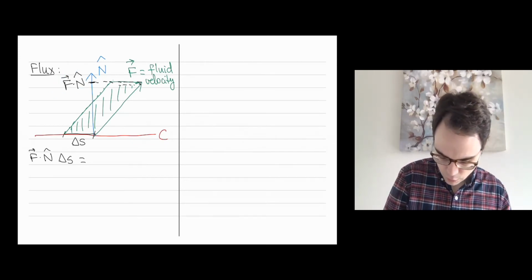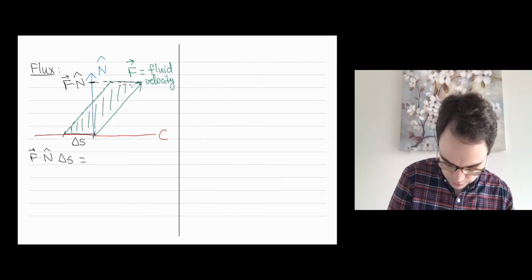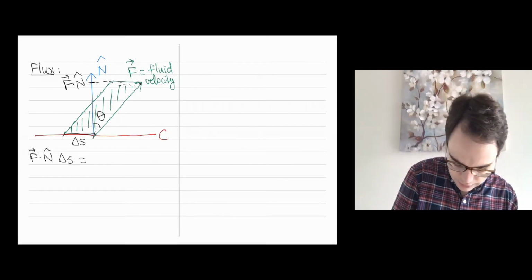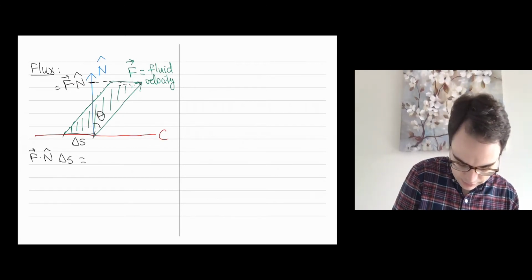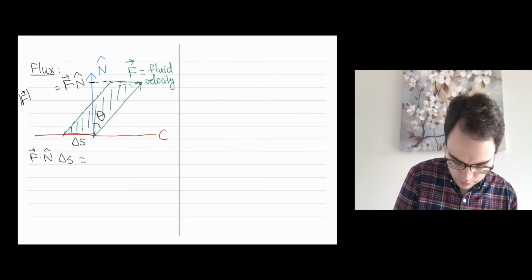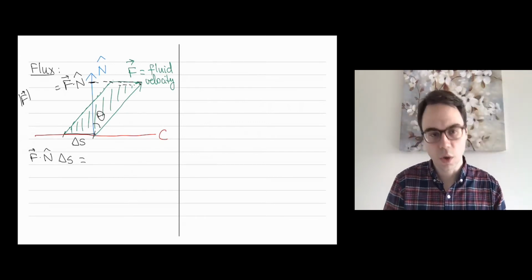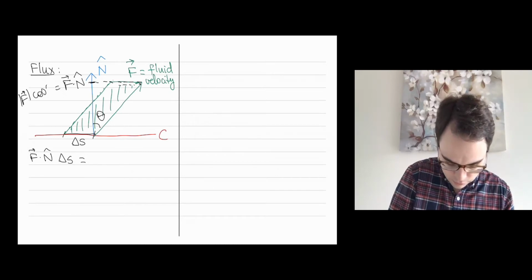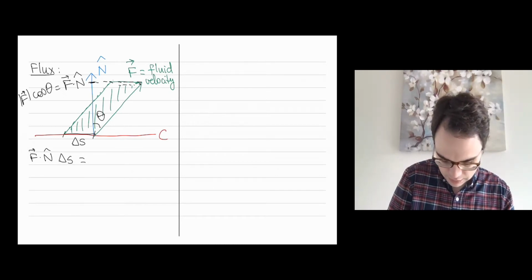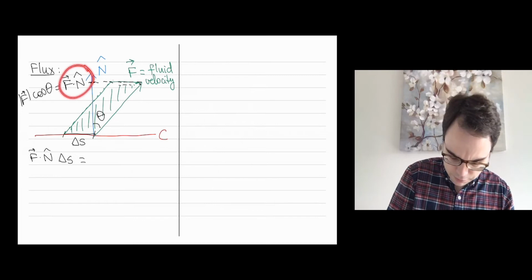If you will, we can say that we have an angle theta here, and this is the length of F times the length of the unit normal, that's 1, times cosine of theta. And then you see that this height is really this dot product.